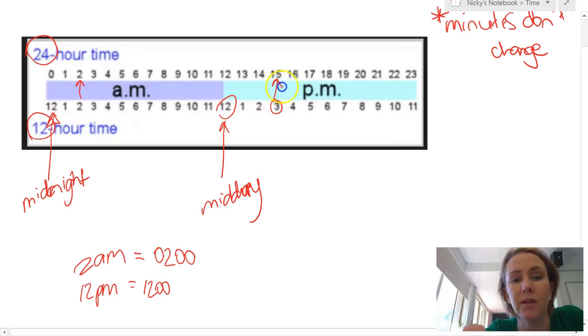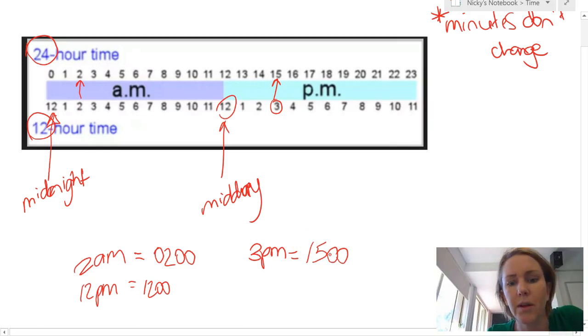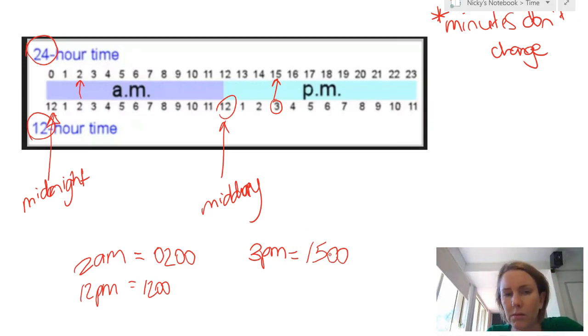So if I had 3 PM, that would convert, plusing 12, 3 plus 12 is 1500. Now we don't need to write AM or PM because by using 24-hour time, it's clear which one it is. So if it's more than 12, it's going to be in the PM. So that's 3 o'clock in the afternoon.